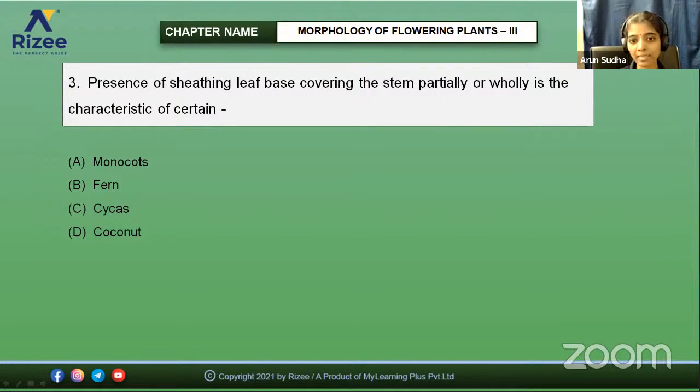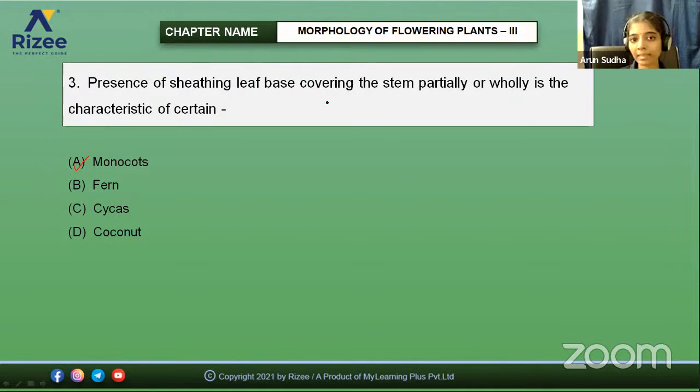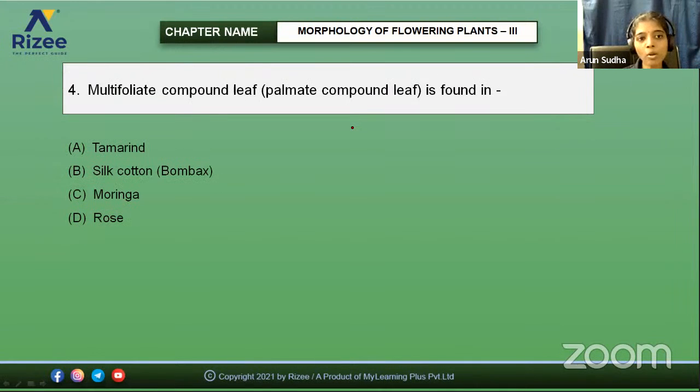Yes, option A is correct. Good. Option A. In the case of monocots, the presence of sheathing leaf base covers the stem. Question.